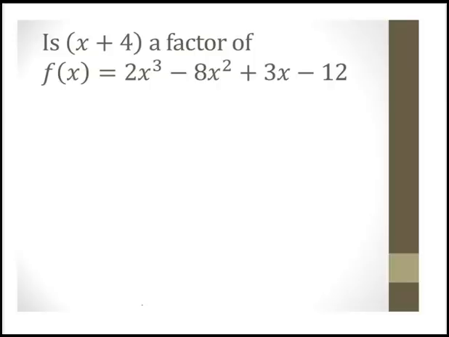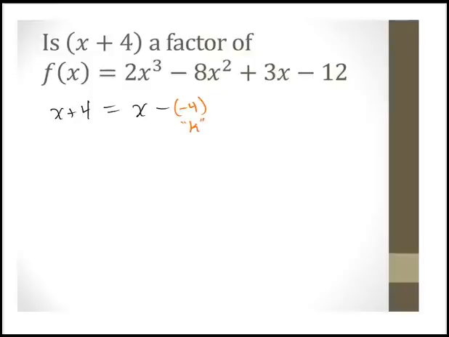Is x plus 4 a factor of f of x equals 2x cubed minus 8x squared plus 3x minus 12? How could we check this? Notice that x plus 4 is the same as x minus negative 4. So my k value is negative 4.